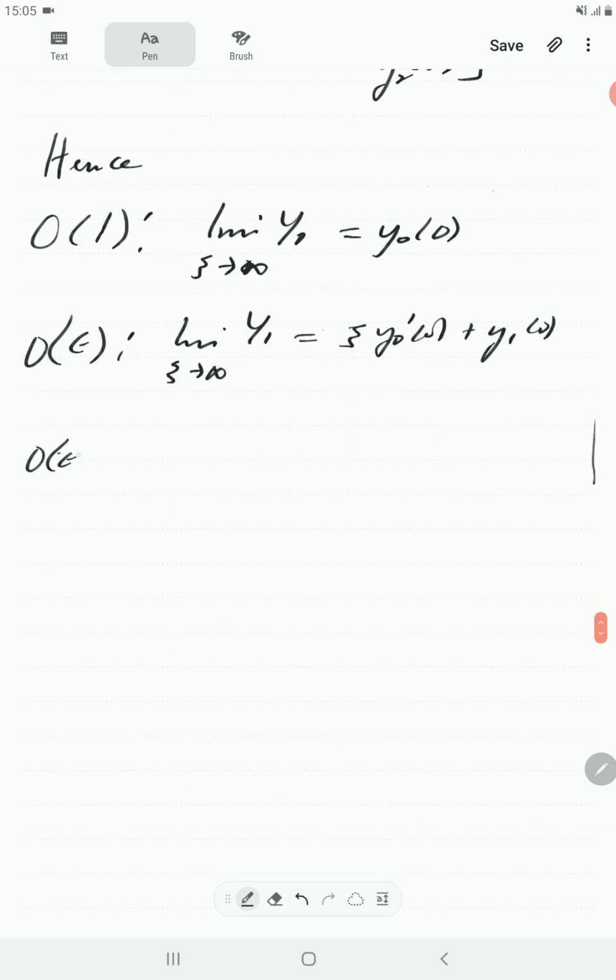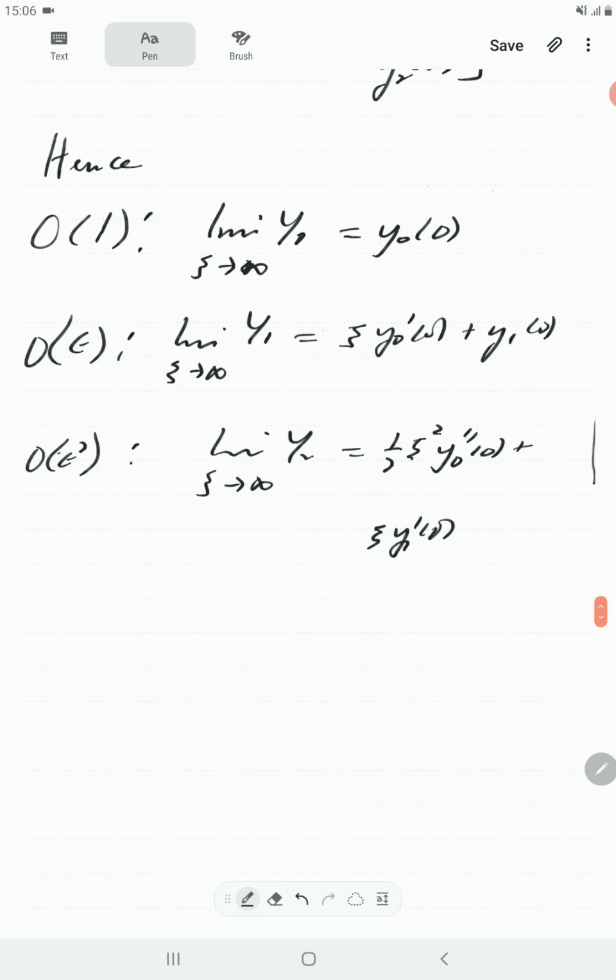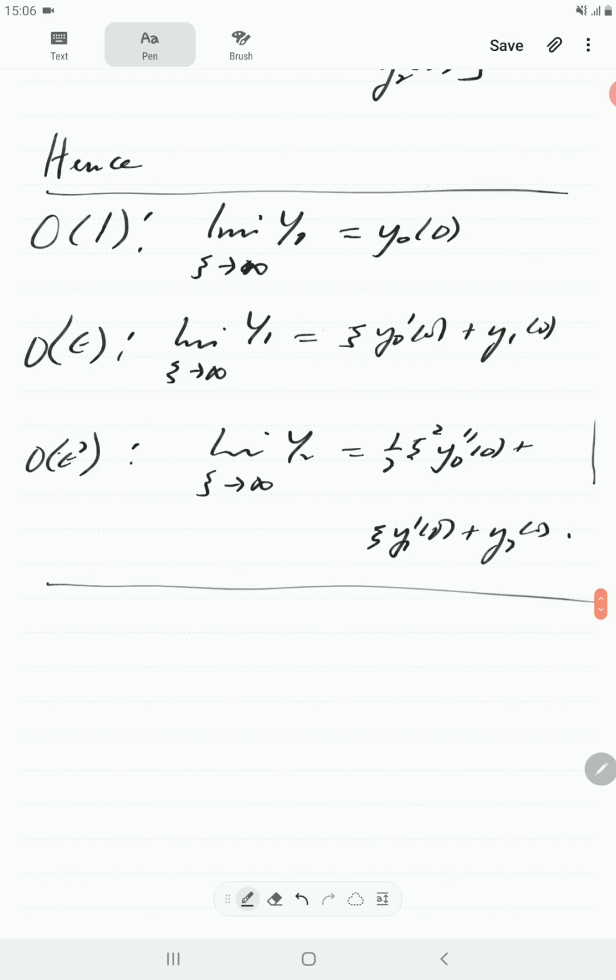And then at order epsilon squared, we must have that the limit of y2 as xi goes to infinity is going to be equal to 1/2 xi squared y0 double prime plus xi y1 prime at 0 plus y2 at 0. Okay, so for us, these are going to be good enough. Actually, we're just going to use these two here.